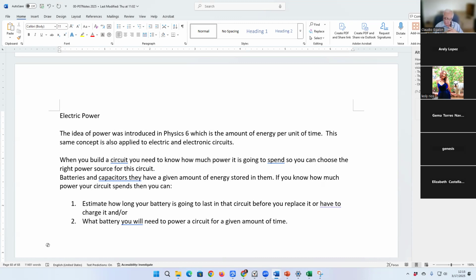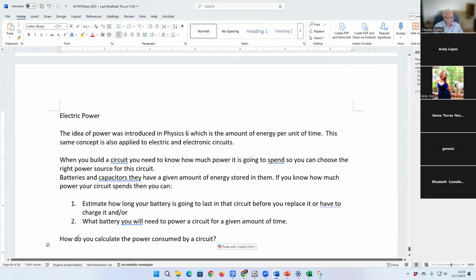Some time ago I was powering a circuit of mine, and I knew that the battery I was using was going to last like 8 hours feeding that system. But now the question is, how do you calculate the power consumed by a circuit? There's a nice, straightforward way to find that out. It's not difficult, okay?